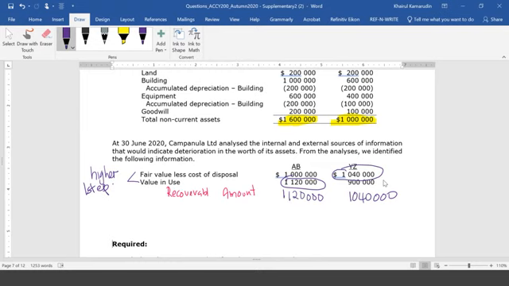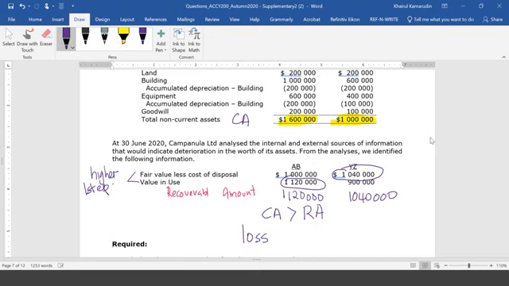So your book amount, this is your carrying amount. You look here, your carrying amount is greater than your recoverable amount. Your carrying amount is 1.6 million. So you have a loss here.